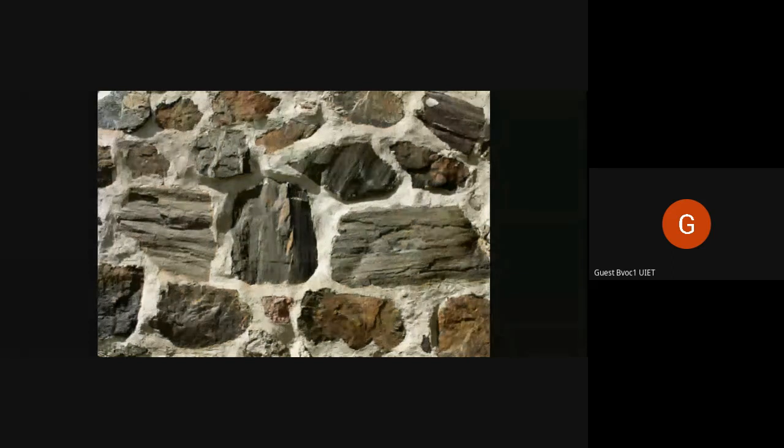Some examples of igneous rocks are basalt and granite, and these are both used in stone masonry or construction that uses rocks.